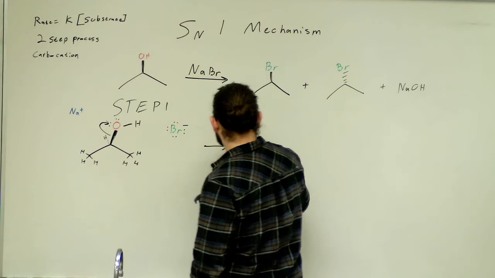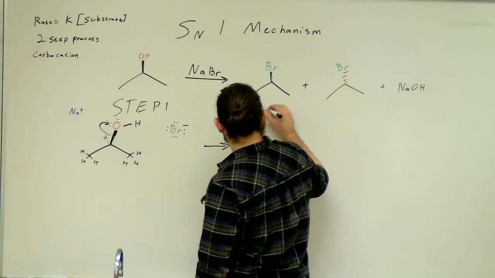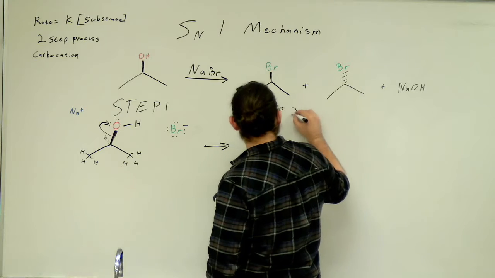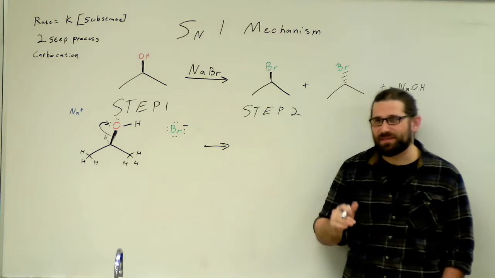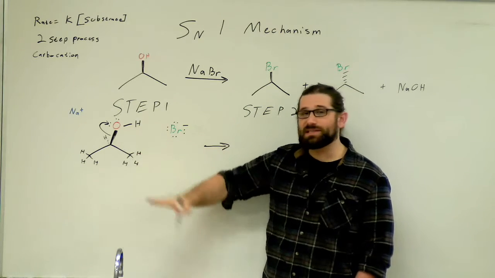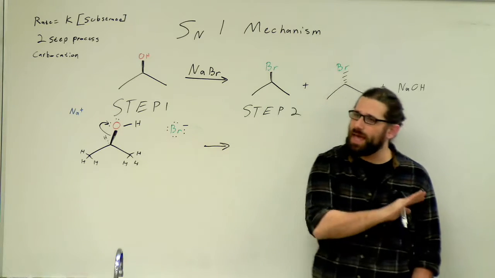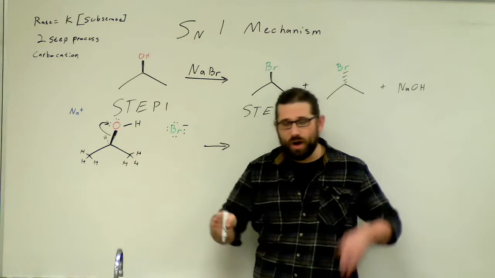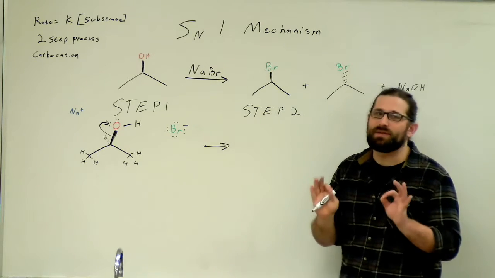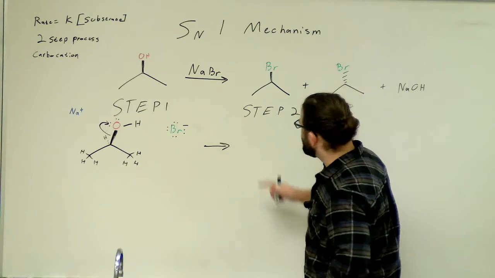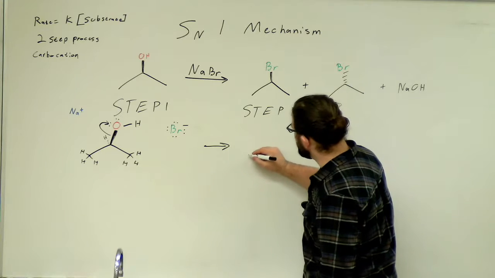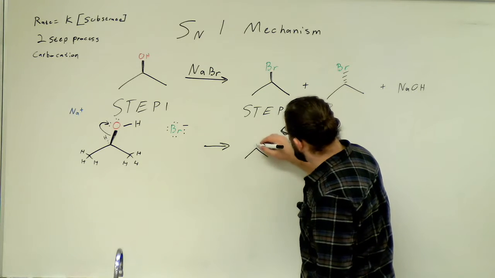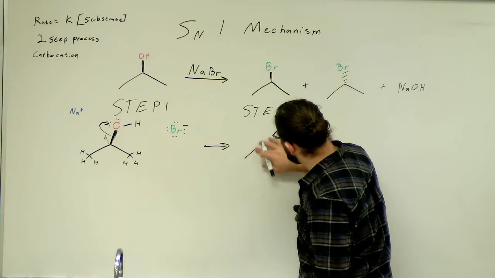And now we're on to step two. Notice, I am trying to be very emphatic that this group is leaving on its own before the bromine does anything. That is the entire step one. This is going to happen one after another, but it does not happen at the same time. So, our next part is I have a carbocation.